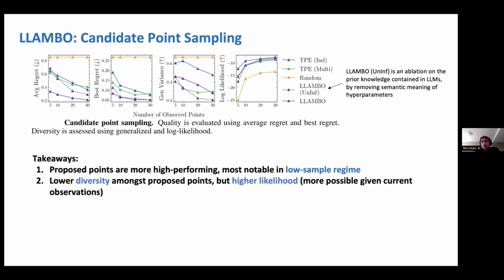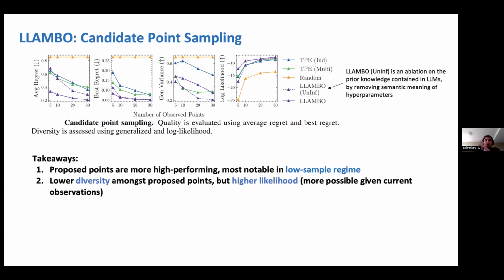So the takeaway of this plot is that we propose points that are high performing, similar to warmstarting. This is most notable in the low sample regime, and this can be seen in the first two plots, where the margin is very high, particularly with LLAMBO with all the contextual information. Of course, this starts to shrink and become similar to the baselines as more iterations happen.